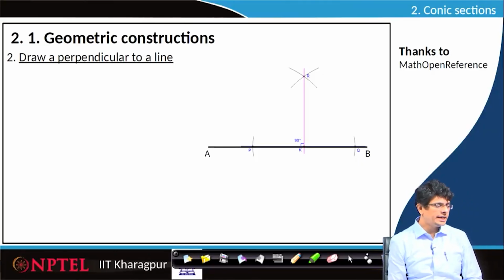Let us take the next example, how to draw a perpendicular line passing through a particular point K, which is lying on the AB line.